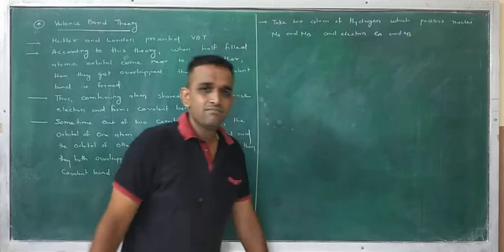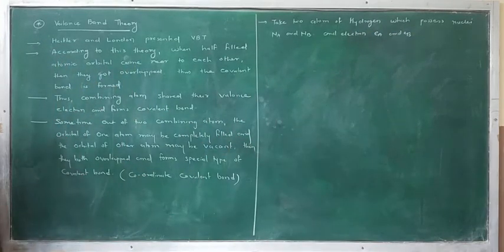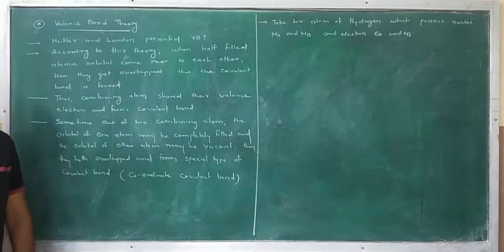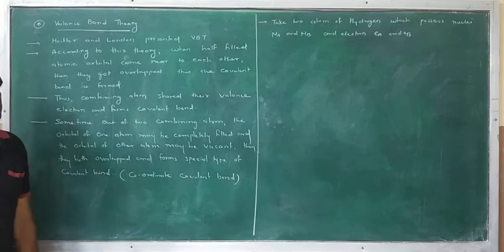Two atoms are there in which the nuclei are Na and Nb and the electrons are Ea and Eb. When these two atoms are far apart, there is no attraction and repulsion force between them, right?